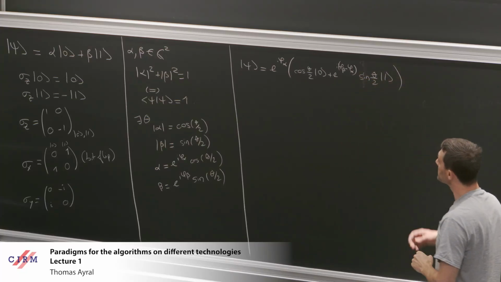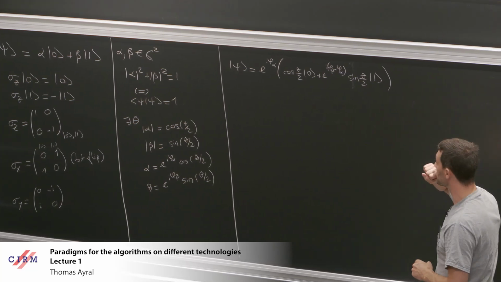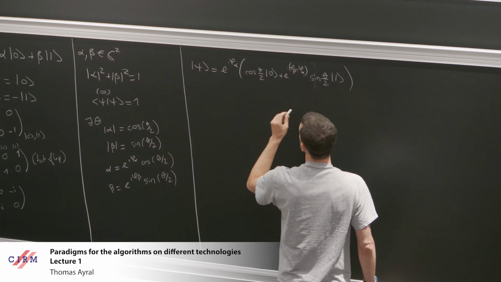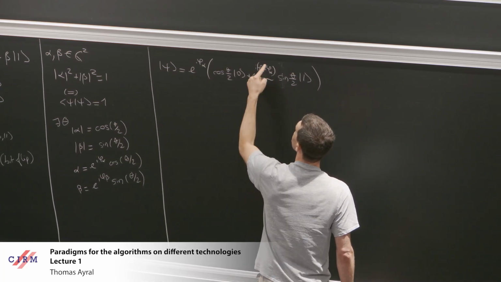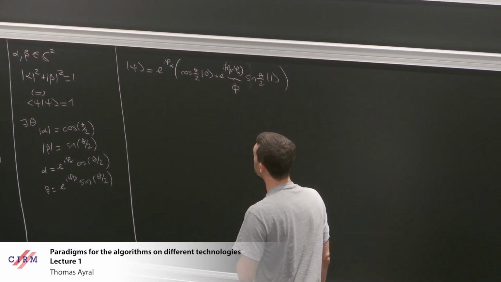So here, this is just a small manipulation, and you're going to understand why I'm going into such great depth to introduce this notation. Now I could give a name to this phase difference here. I could call it phi, like that.